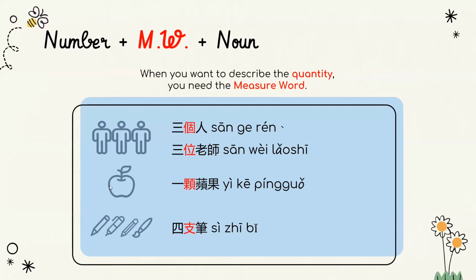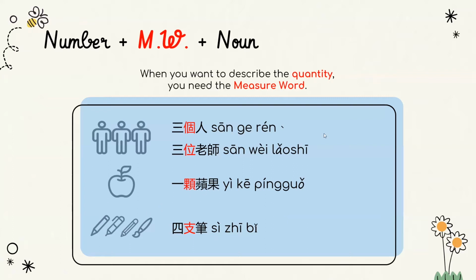Generally, 颗 is for things that look like a ball. And if you want to say four pens, we say 四支笔. 支 is the measure word for bar-shaped objects.